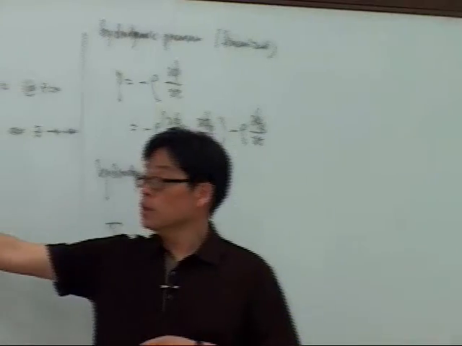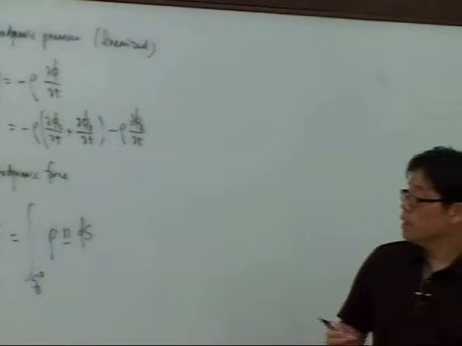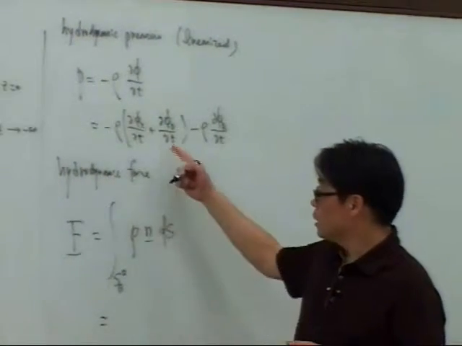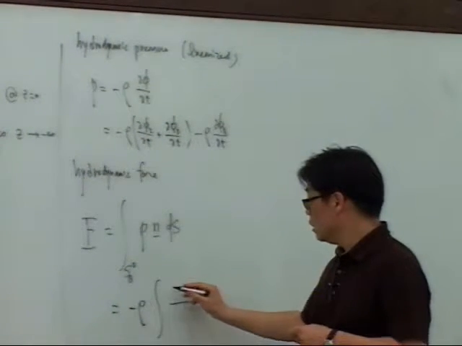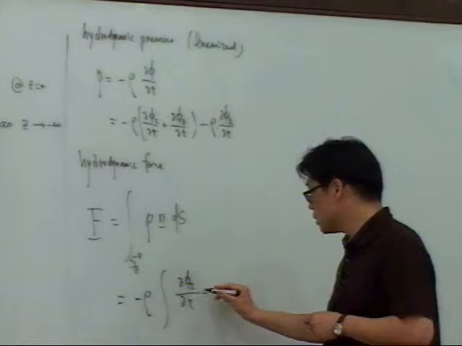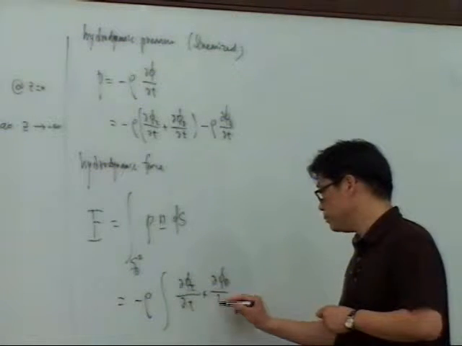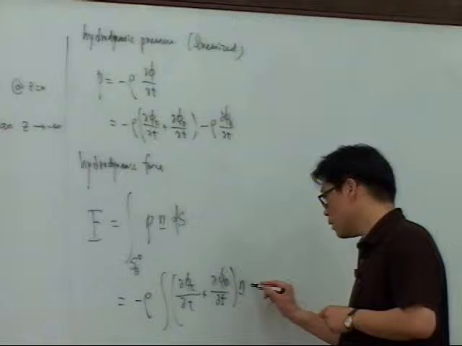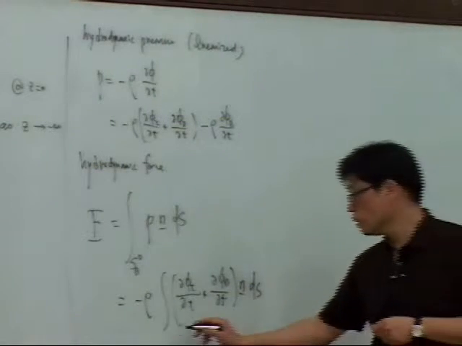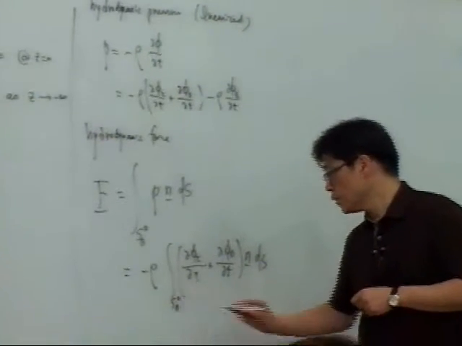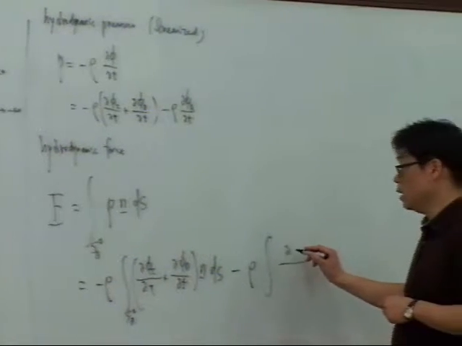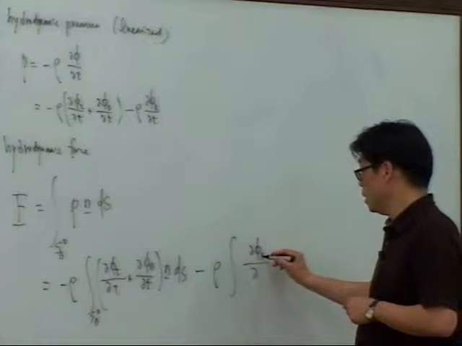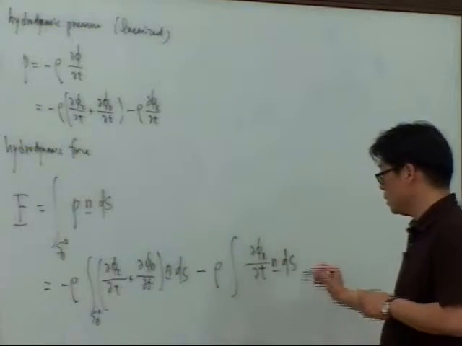Here we impose the body boundary condition on the mean position. Okay, and when you put this expression for pressure here, then I end up with rho d phi I dt plus d phi d dt, times the normal, ds.